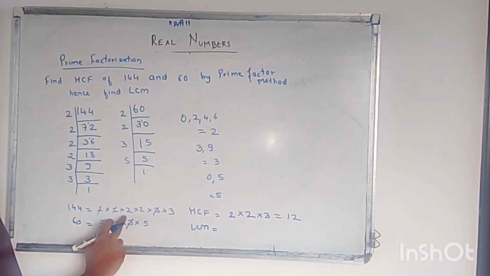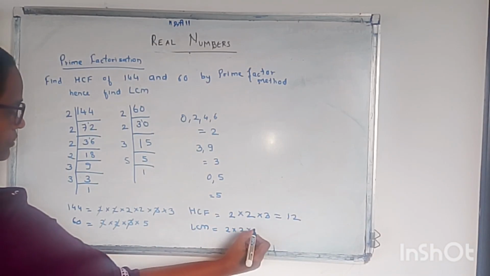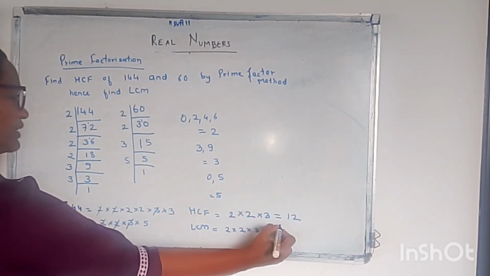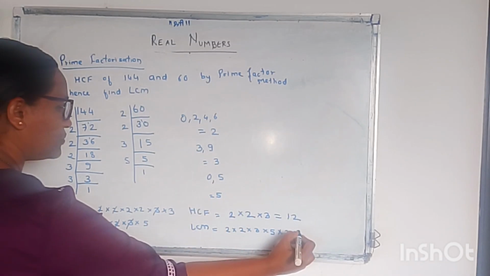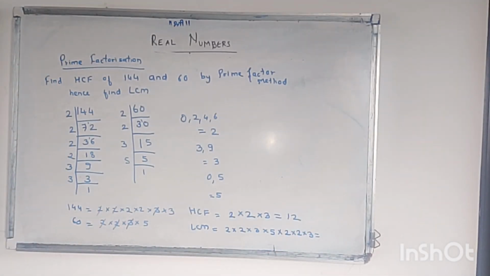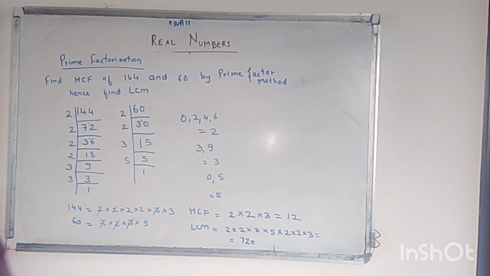So what is LCM? Whatever remains: 2, 2, 3, 5, and whatever HCF you have taken, like 2, 2 and 3. This is your LCM. So what is your LCM? 720 after multiplication.